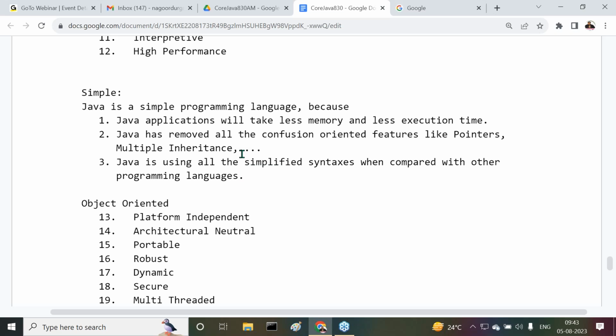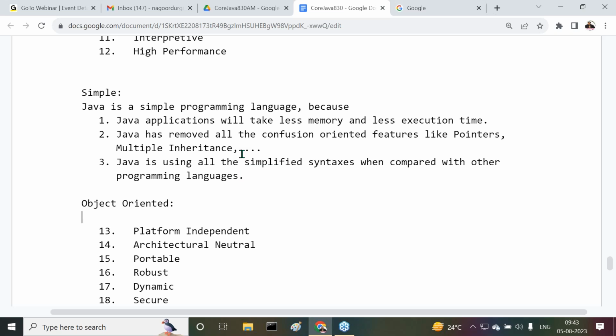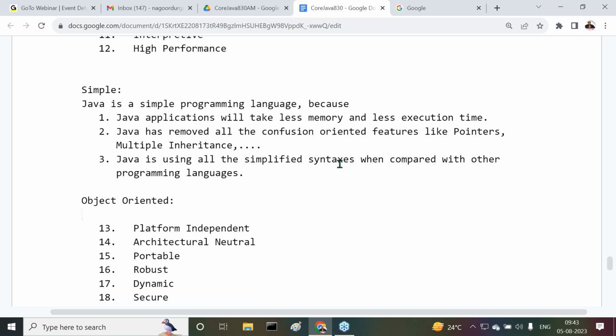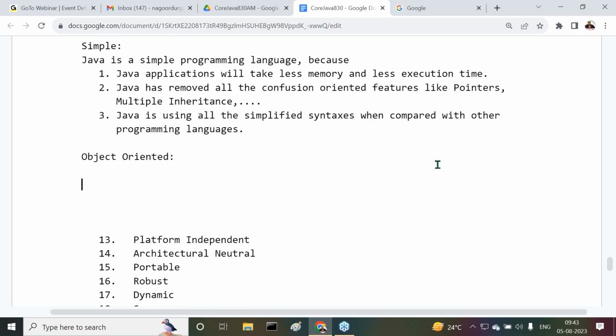Of course, almost 3 to 4 times we understood this point in the differences between Java and others. What do we understand about object oriented? I want to say that Java is an object oriented programming language. How, sir?